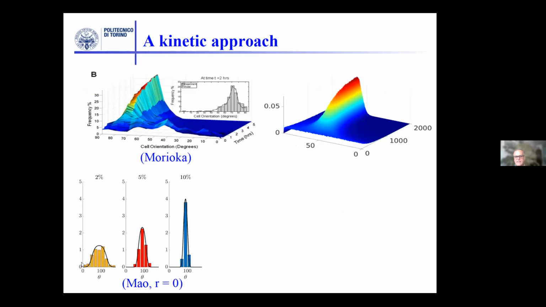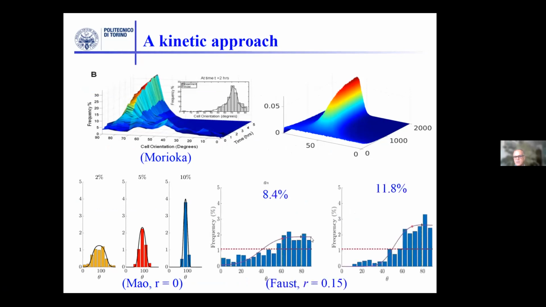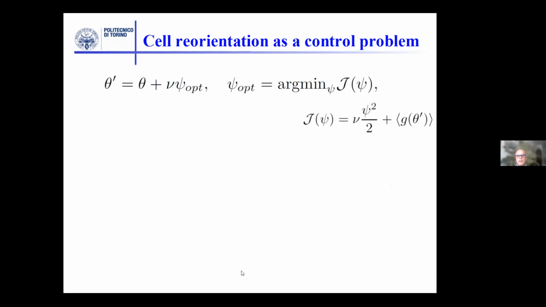And this instead is how the distribution function changes with the amplitude in the case in which the maximum is 90 degrees, r equals 0, and this is when you stop. This is pretty good, at least to us.